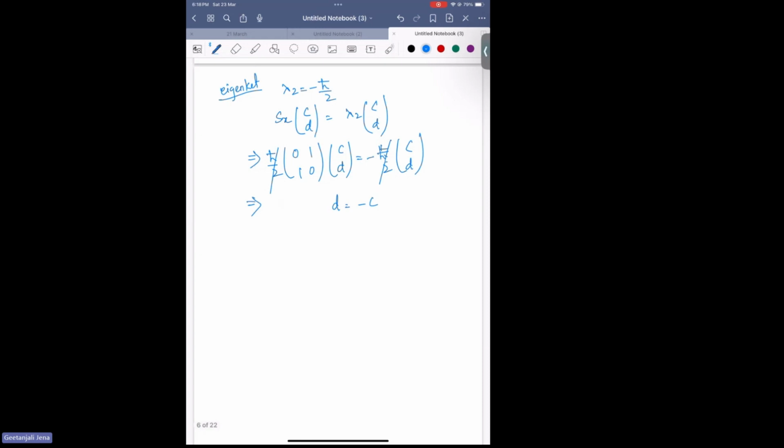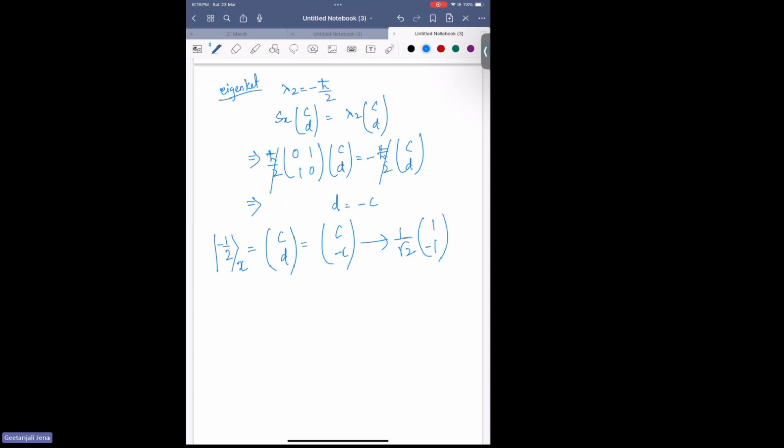So now the eigenvector, let's represent it by |-x>, which has eigenvalue minus ħ/2 and we are looking for Sx, is nothing but (c, d), that is (c, -c). After normalization, you will see it is 1 by root 2 times (1, -1).